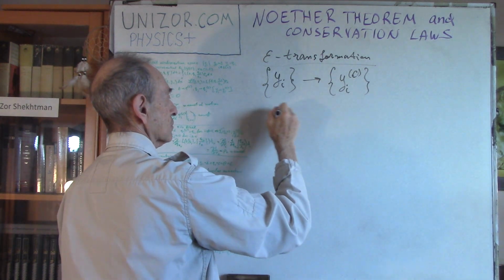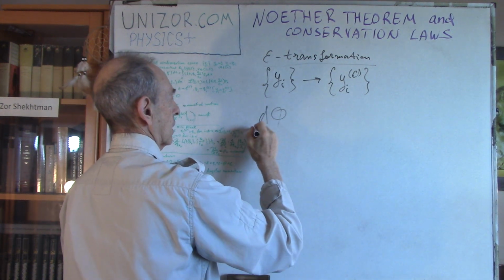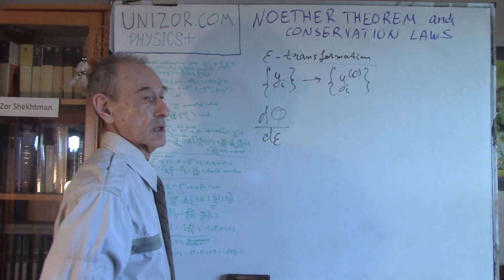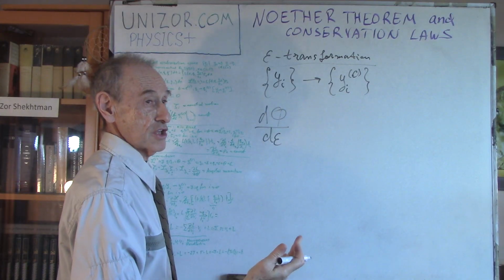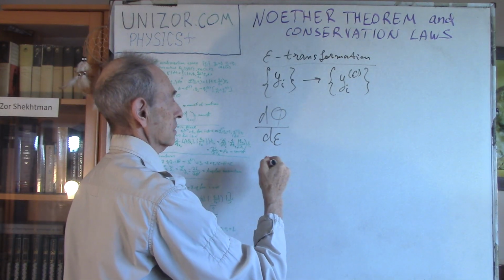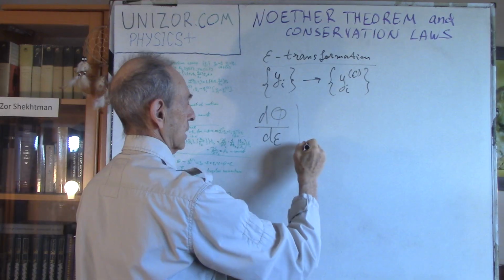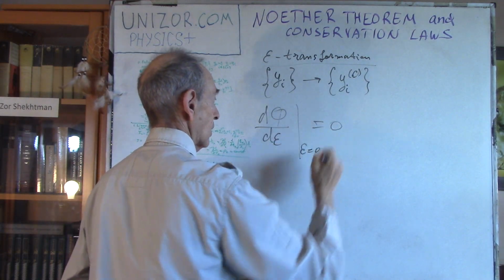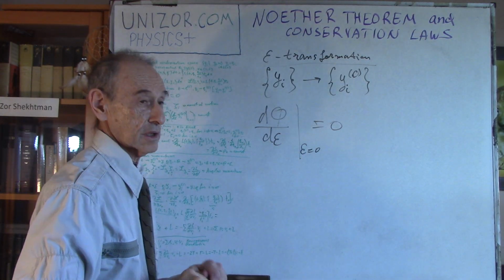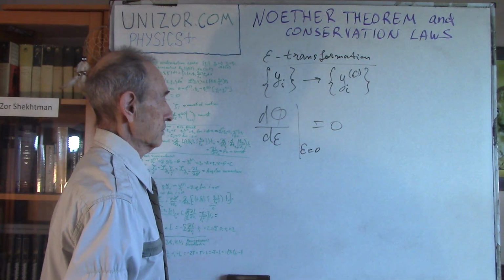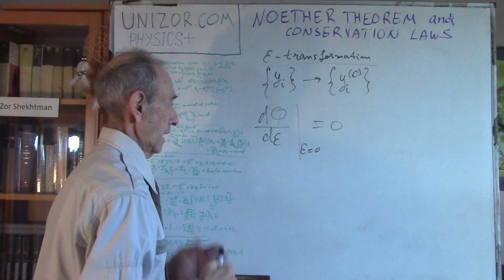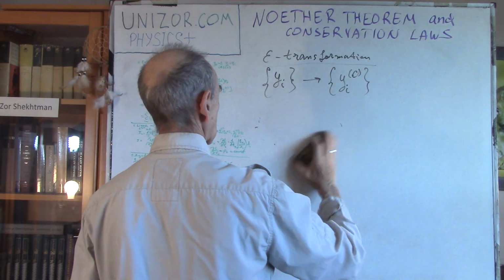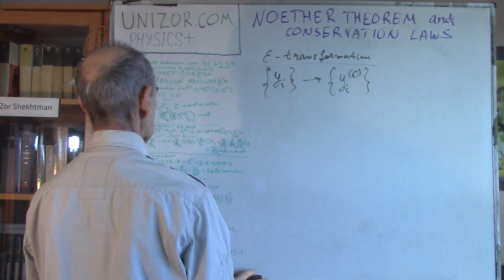And if I take the speed of change of my action at epsilon equal to 0, and this is equal to 0, it means that my functional is invariant, it doesn't change. That's the main condition from which we derived in the previous lecture the final result, which looks like this.